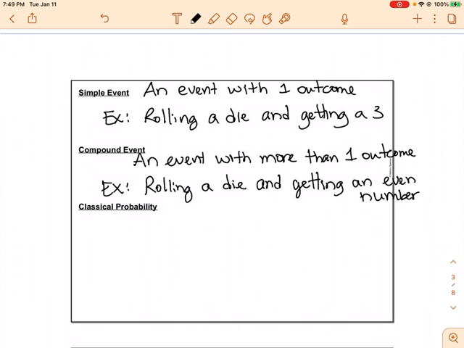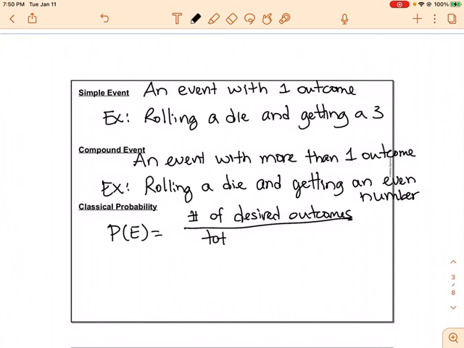Classical probability, noted as P of the event, is the number of desired outcomes over the total number of possible. So, using our P of an event, that just means the probability of an event.